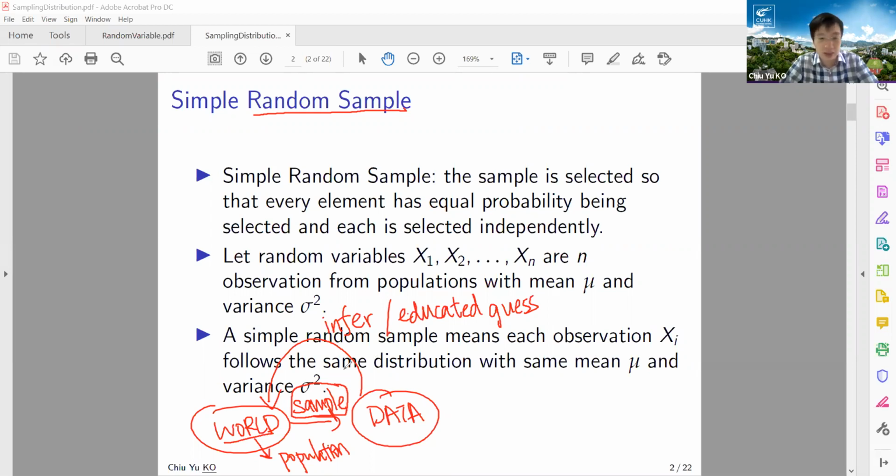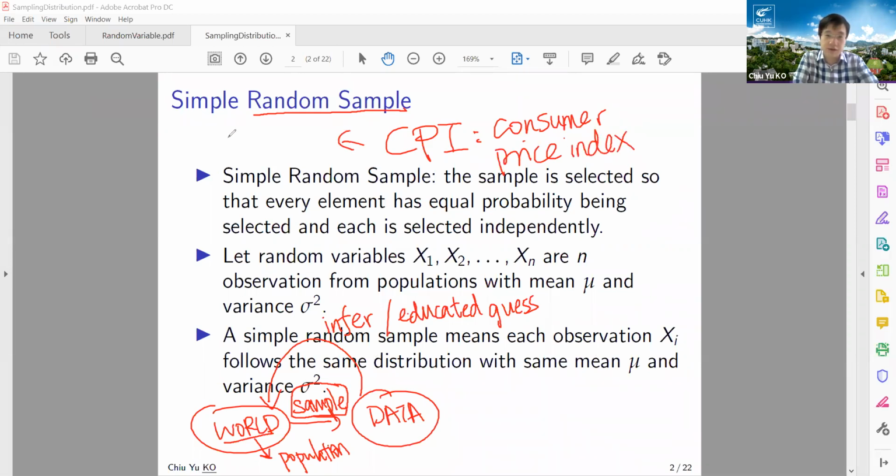Every day you see data called CPI, the Consumer Price Index. This is used to calculate inflation. I hope, as business school students, this is something you know very well. How do you calculate this?